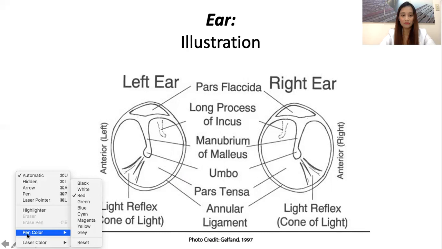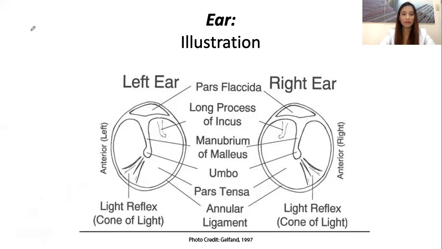Let's choose the color green. Usually when you draw this in the chart, we draw the right ear and then the left ear. How my ENT resident taught me, you make a circle like that, and then you make a drawing like that, and then you make a cone of light like that.